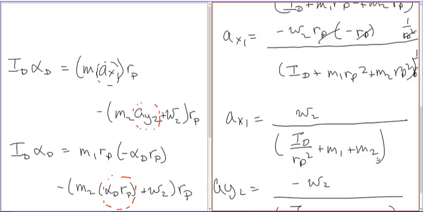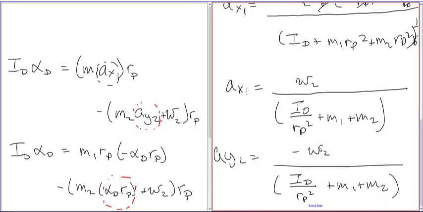Now, if you had M2 equal to 0, then W2 would be equal to 0, and nothing would happen. So one thing we could do, and I didn't do it, is replace W2 with M2G. That way we'd have it in terms of masses instead of in terms of weights. That just takes one step out of the whole calculation.